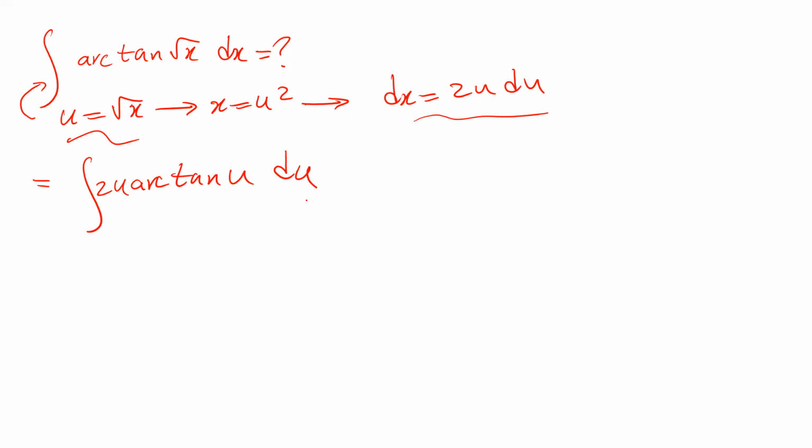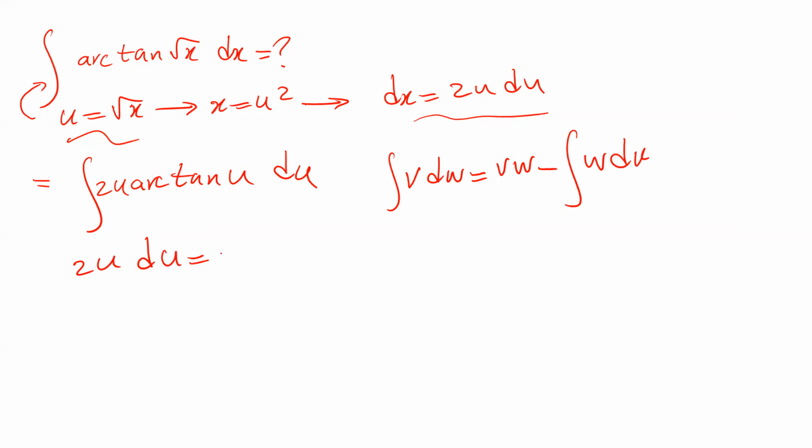And this integral now you can calculate using the formula for integration by parts. That is, the integral of v dw will be equal to vw minus the integral of w dv. So here, if I define 2u du as dw, therefore w will be equal to u².